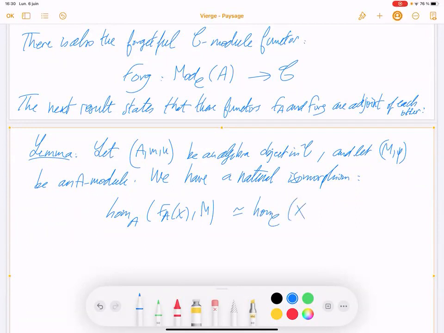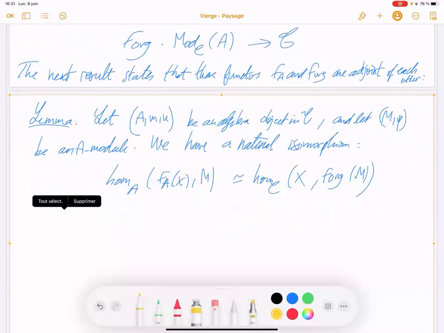This is not a natural isomorphism between FA and forgetful. This is a natural isomorphism between two functors involving these two Hom sets. And that natural isomorphism defines the fact that FA and forgetful are adjoint.